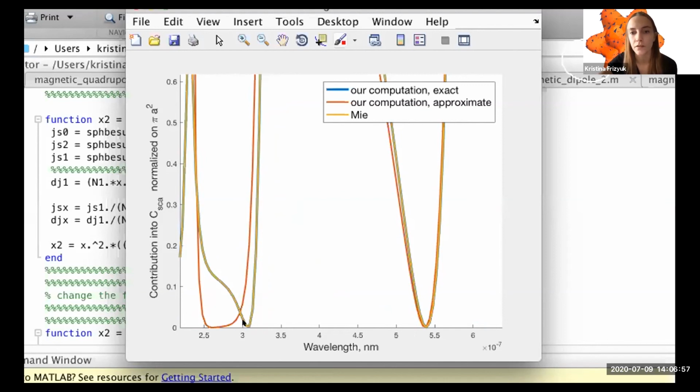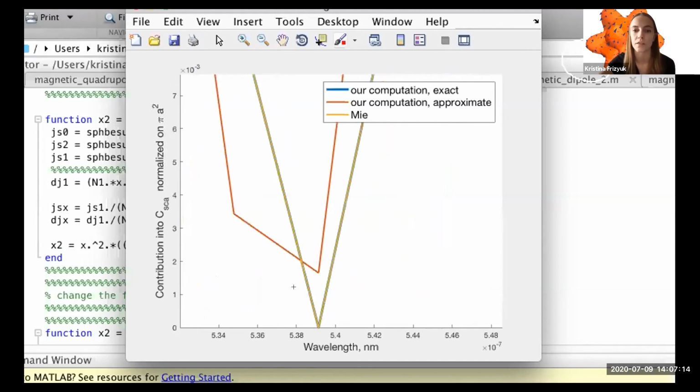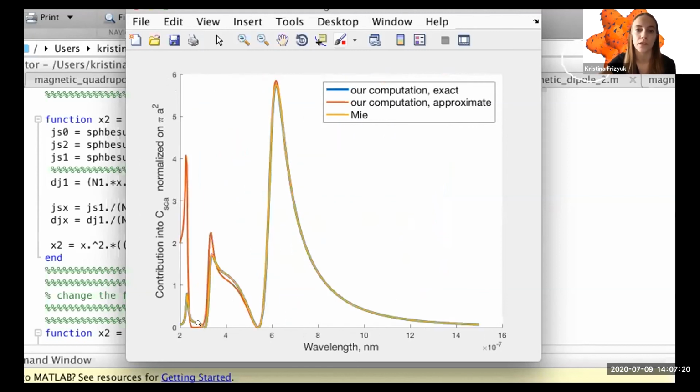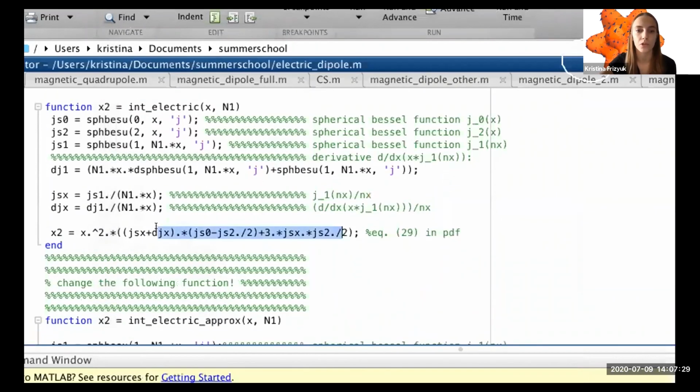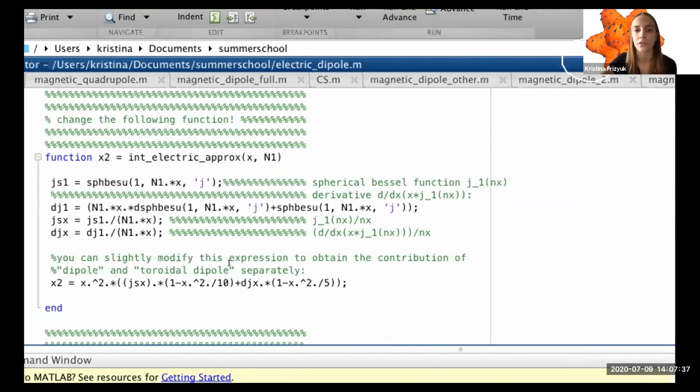They're just here and here. There are many possible anapoles for any multipole, for any Mie coefficient, because the coefficient in scattering has many zeros. This is just a zero, and there are many zeros, and you have more for smaller wavelengths. And the aim is that in the approximate formula, you can actually compute the contribution of the dipole and the toroidal dipole separately.